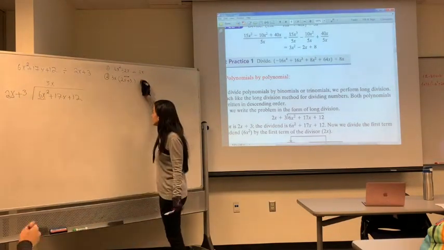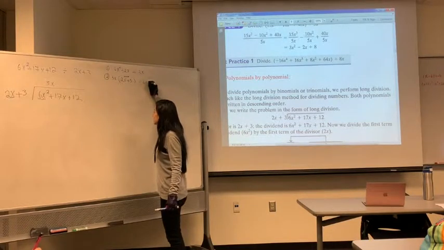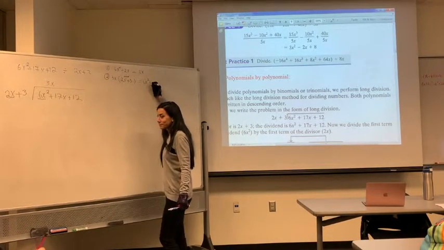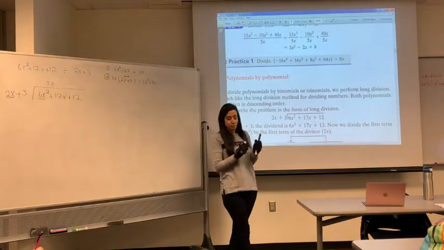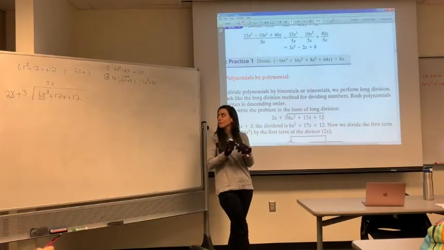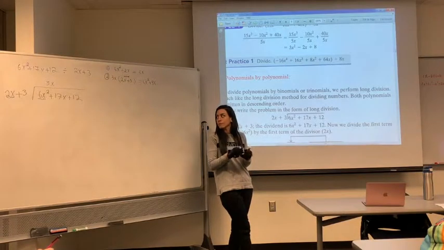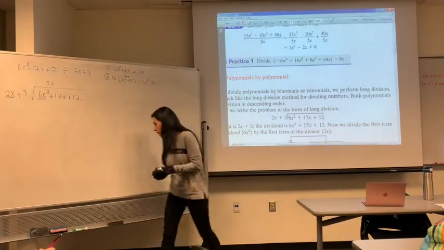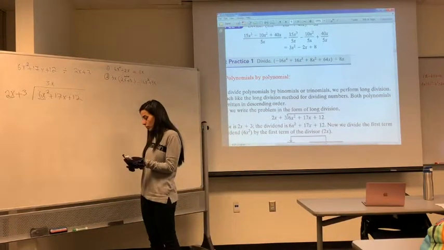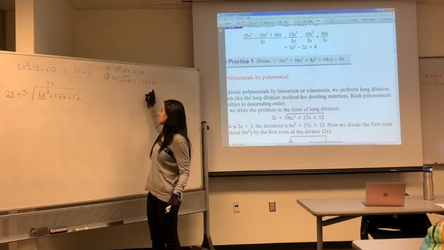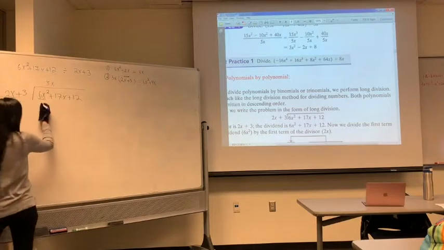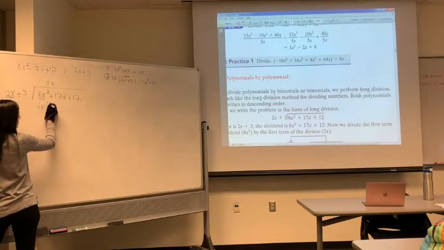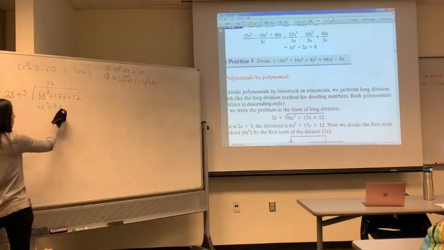So now let's see what we have. We have 6x squared plus 9x. This one goes here. 6x squared plus 9x.